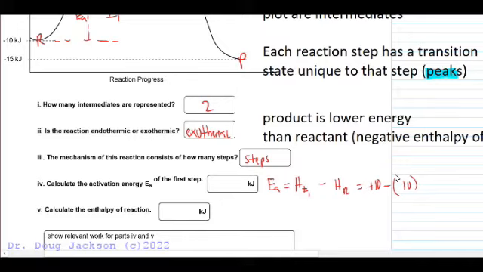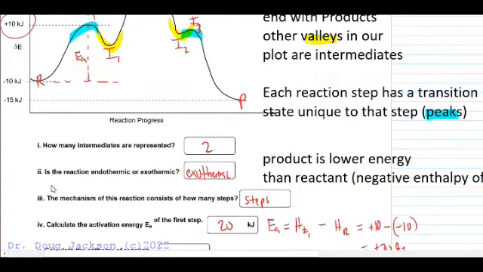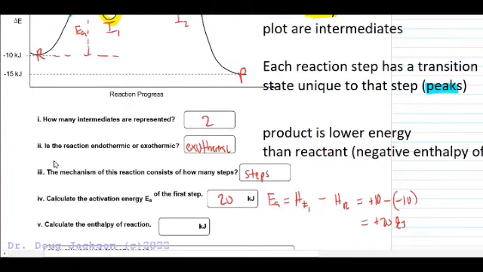That double negative makes a plus. We end up with plus 20, and our units are kilojoules per mole. So 10 minus a negative 10 gives us 20 total units across the number line.